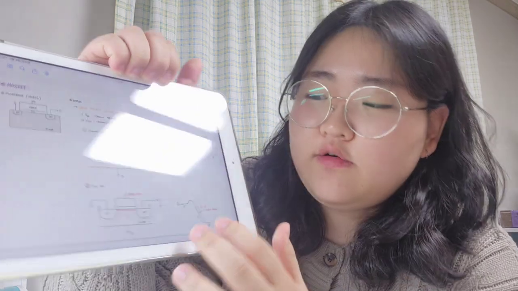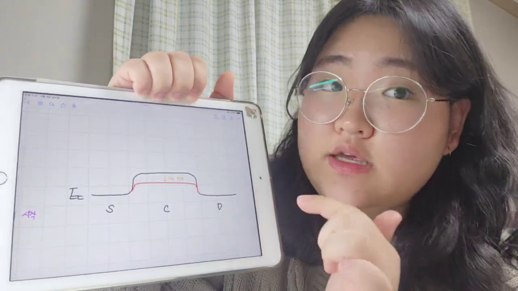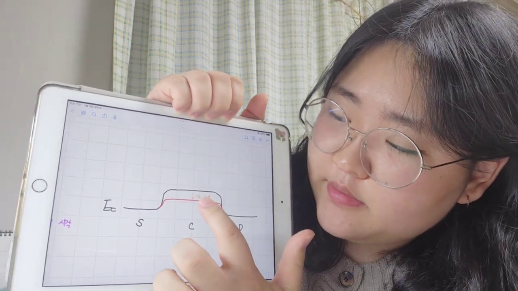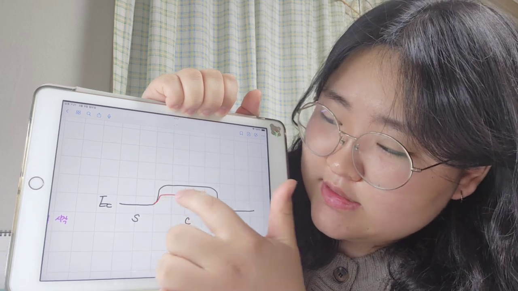And in this situation, there is only a channel, and if you want to make a current, we have to apply the drain bias. Applying the drain bias means making a slope in the energy band. When we apply only a gate bias, the energy barrier becomes a little bit lower, like this.